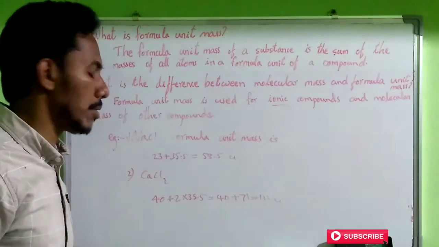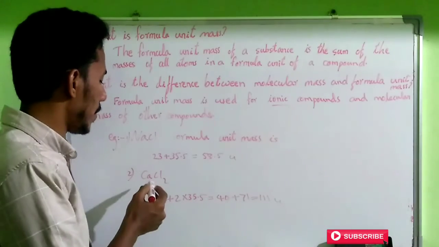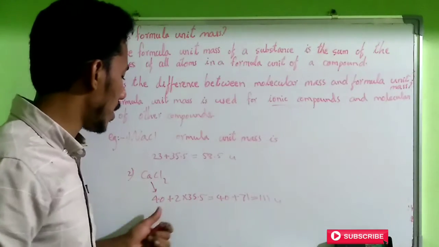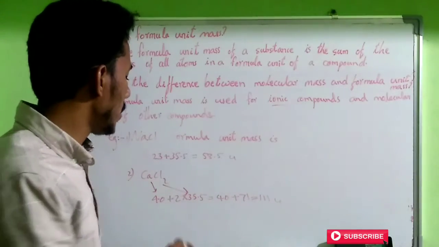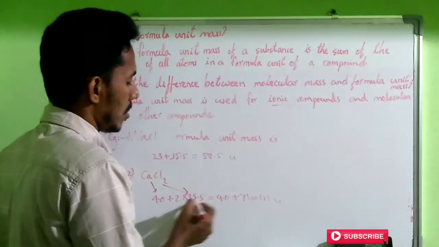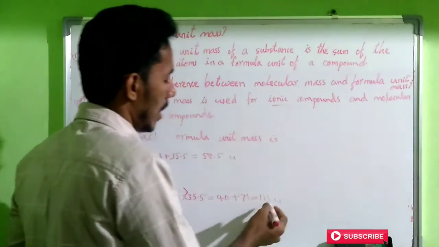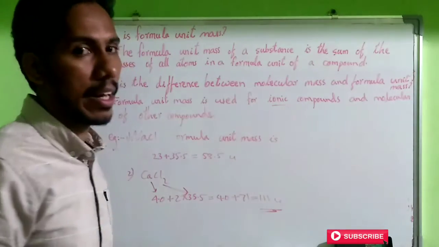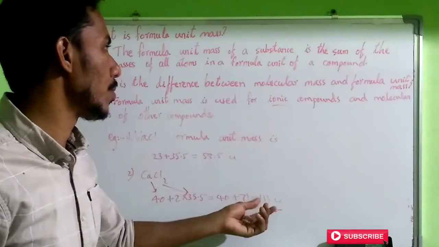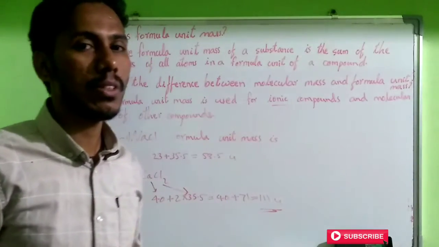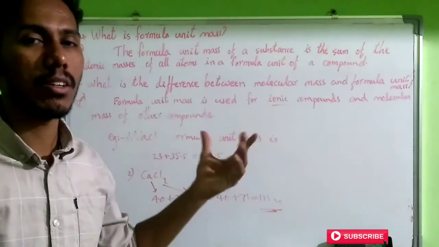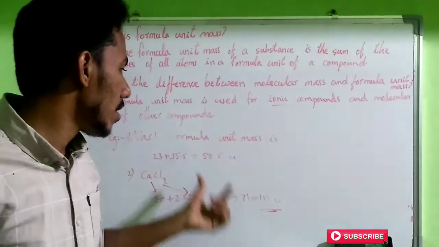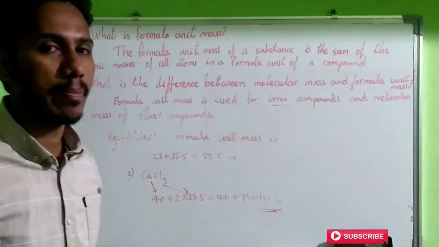Then CaCl2: calcium atomic mass is 40, Cl2 is 2 into 35.5, the sum is 40 plus 71, and the answer is 111 AMU. Okay, so there is only one difference. It is commonly used for ionic compounds. The calculating way is the same.